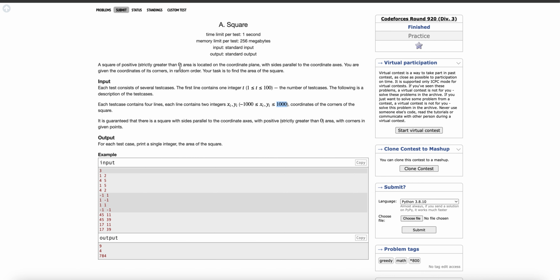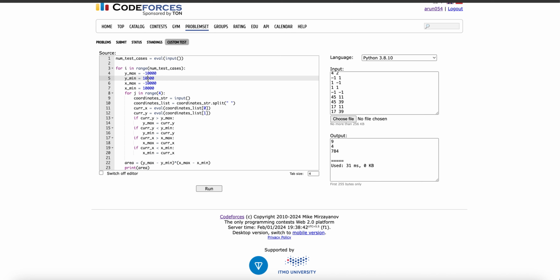So let us just say I initialize the minimum value with 0, right? Then what happens? We are checking the current y with the y min, right? So only if the current y is less than y min, we will be updating the y min value, otherwise we won't be.